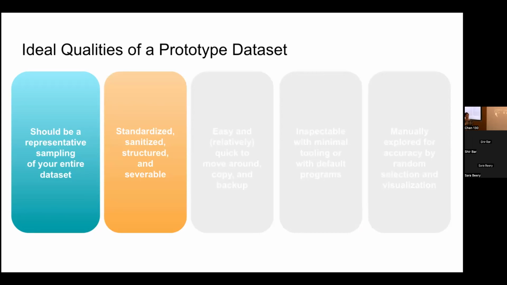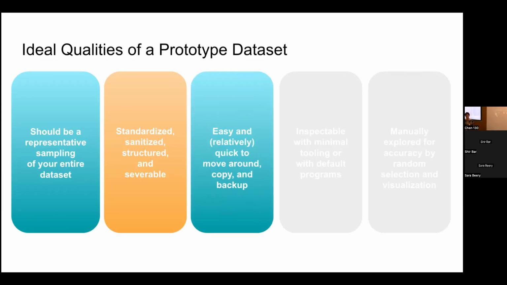Now, the rest of these qualities are things that are actually just going to make your life a lot easier. It's important that these are standardized, sanitized, structured, and serverable is a bit of a weird thing here, but essentially easy to move around. So this is really more on a lot of the work you hopefully have done coming in, where you're standardizing your data, you're cleaning it, you're making sure everything is in the same structure, has the same metadata, basically as easy to work with as possible, and that you know what all those things are.